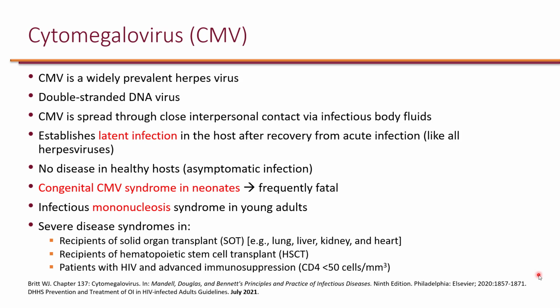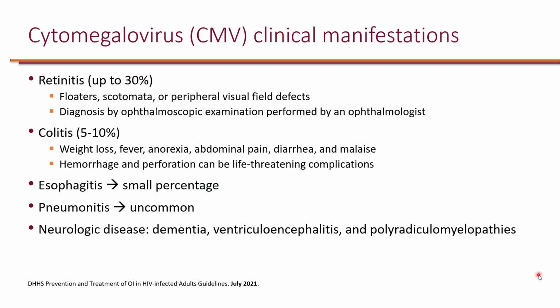Severe disease syndrome occurs in immunocompromised individuals, and that includes recipients of solid organ transplants. Solid organ includes the lung, liver, kidney, and heart, as well as recipients of hematopoietic stem cell transplant, and patients with HIV and advanced immunosuppression. Specifically, a CD4 count of less than 50 puts these individuals at risk of severe disease of CMV.